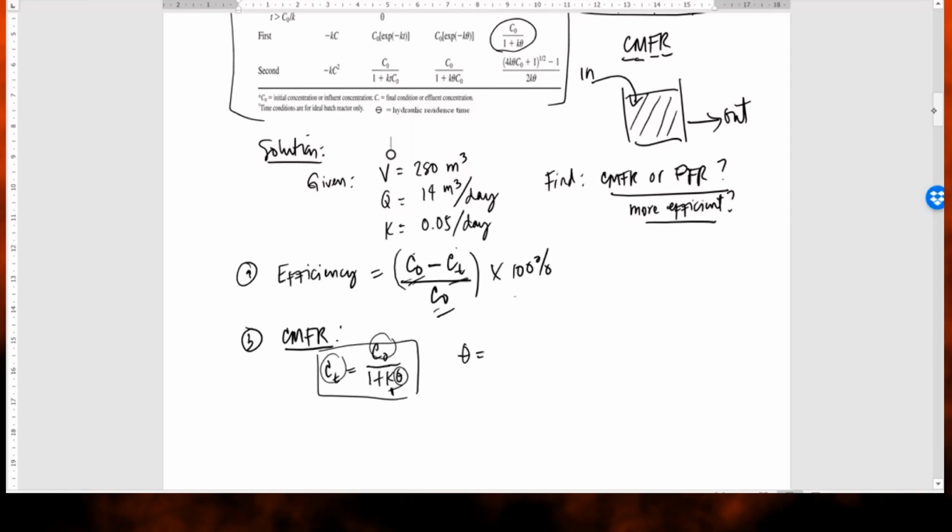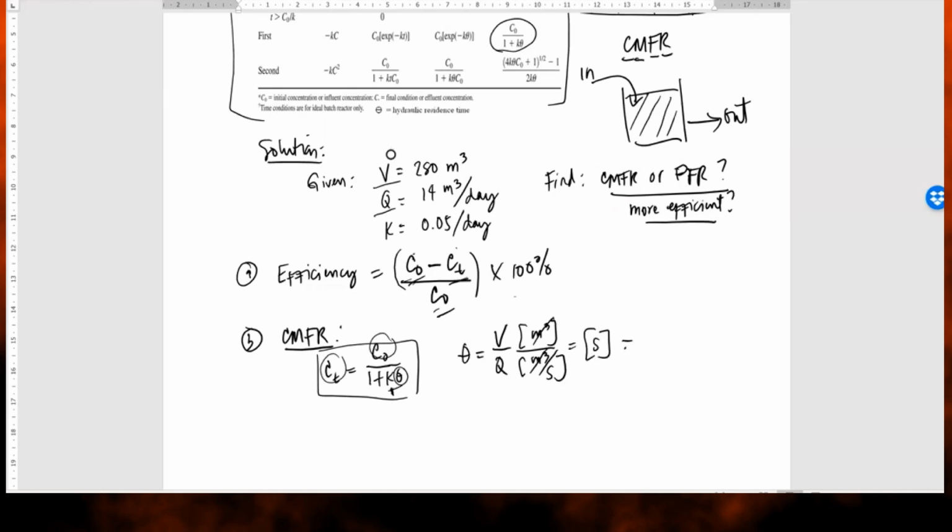Theta is coming from volume and volume flow rate, so V over Q is theta. I will just put the units, for example: V in cubic meters and Q in cubic meters per second. The cubic meters cancel, so the result is seconds, which is time.